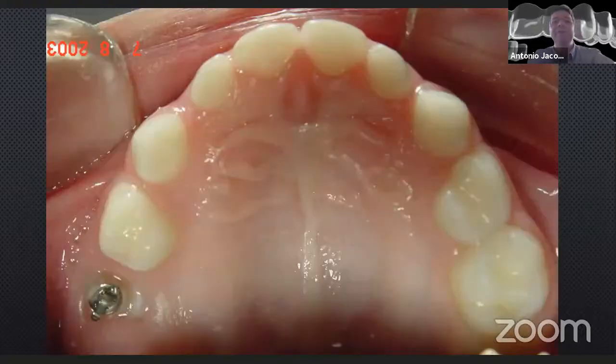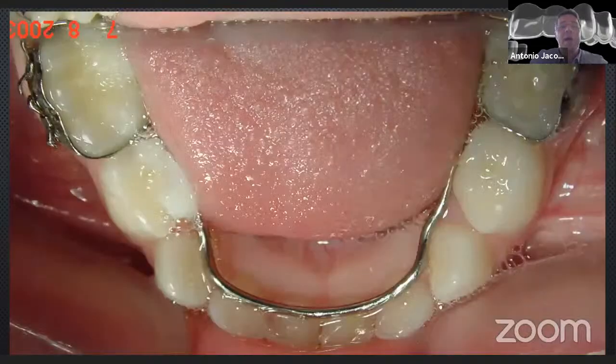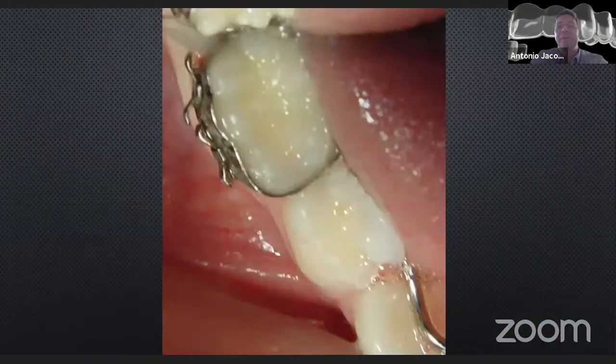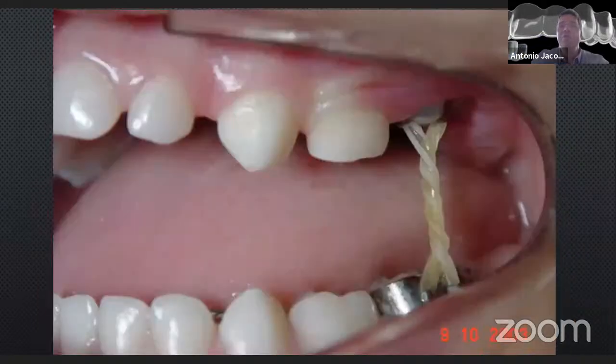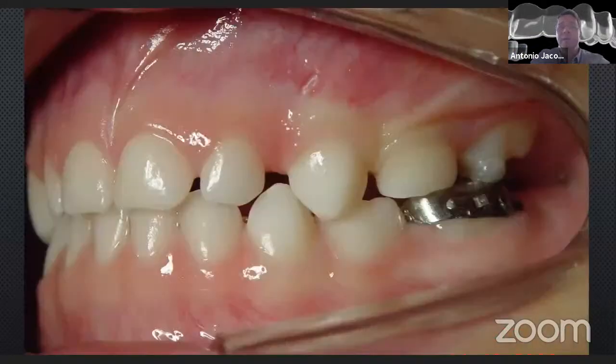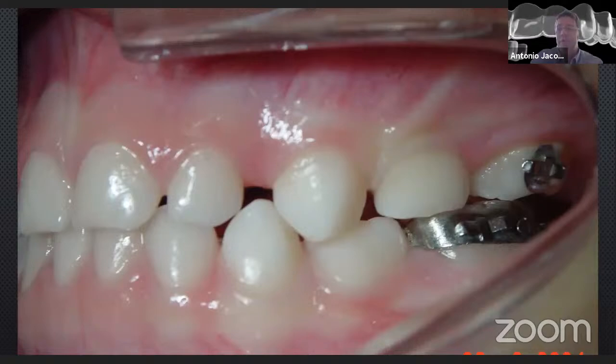We just did a bonded attachment on the occlusal surface and a lingual arch to stay as an anchor unit. So we just made a surgical luxation of this second molar and used these erupting elastics, and then the teeth just came into proper occlusion.